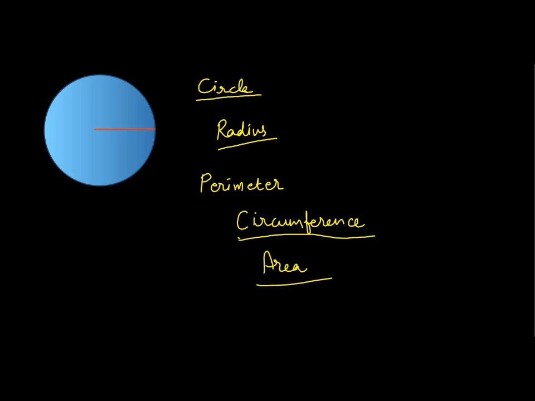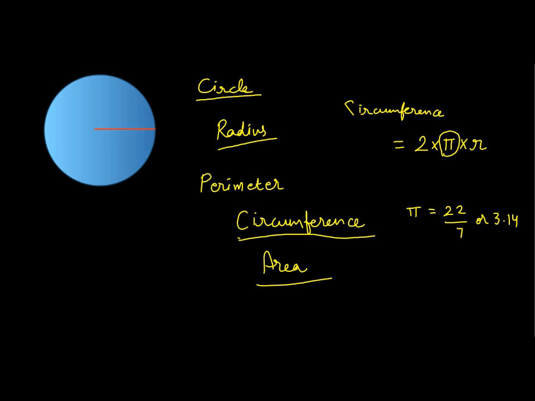We have some formulas to find out the value of the circumference. Circumference of any circle is given as 2 times pi times r. Now this pi is a constant and its value is taken as either 22/7 or 3.14.